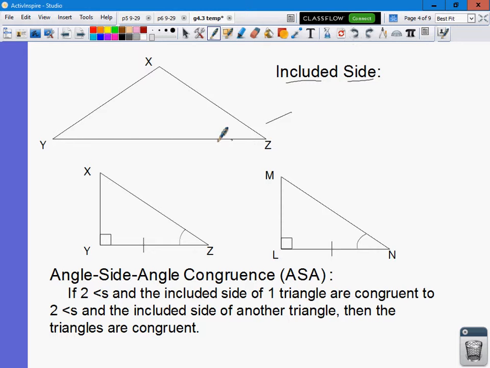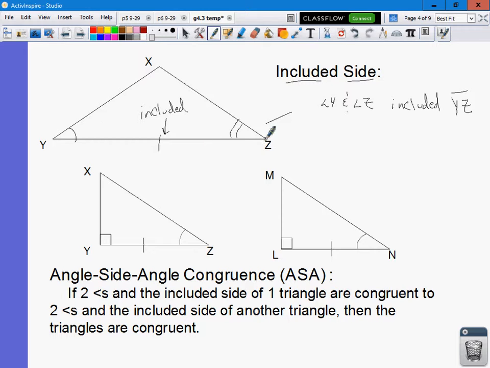If I used y and z as my two angles, so if I'm looking between angle y and angle z, the included side would be segment YZ. It has to be in between the two angles.